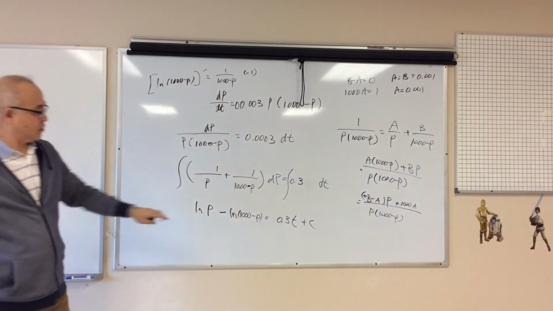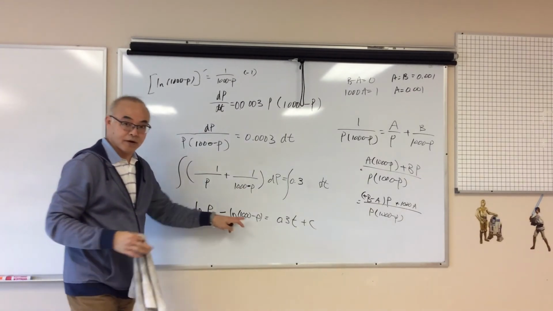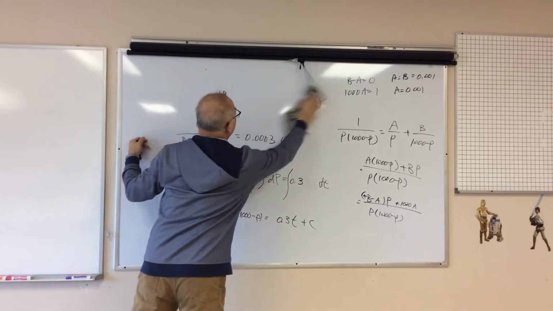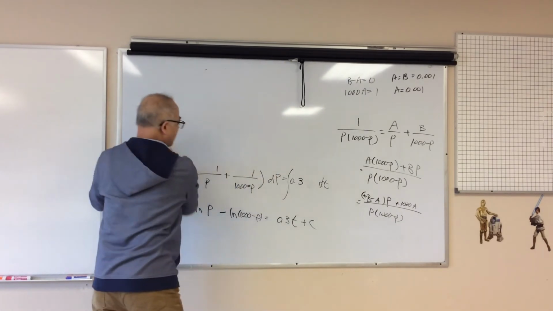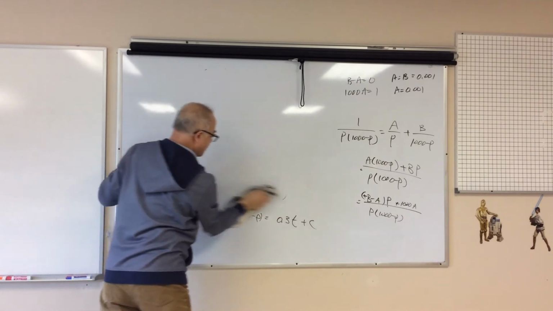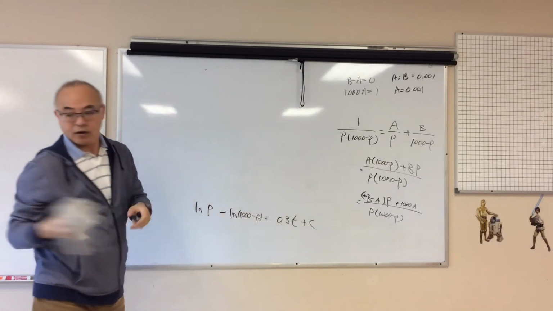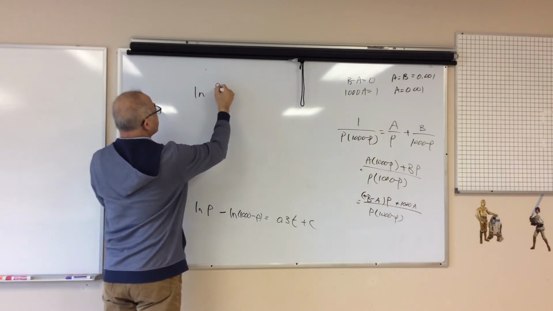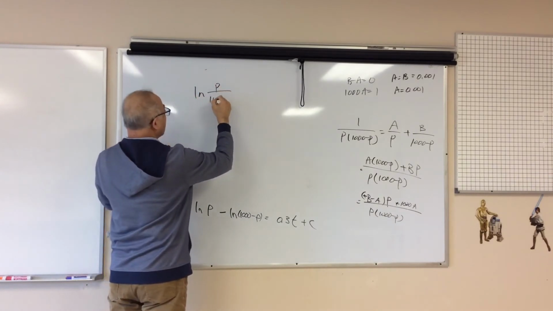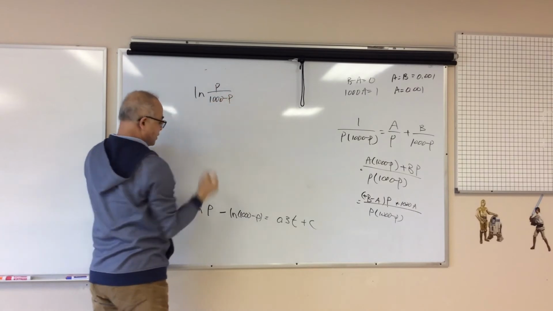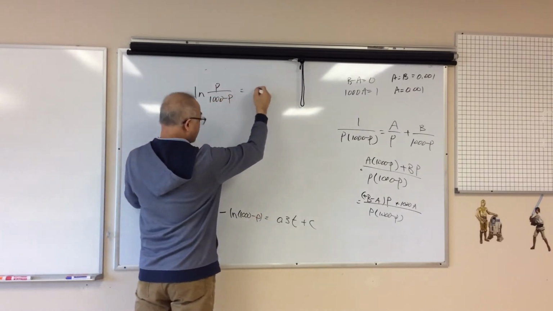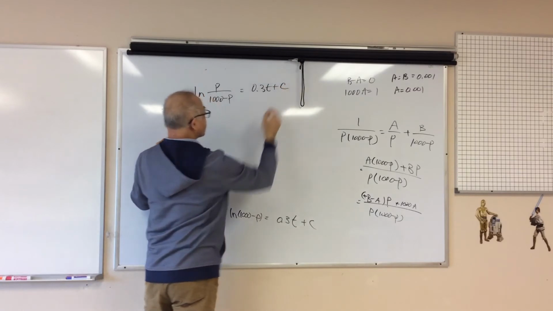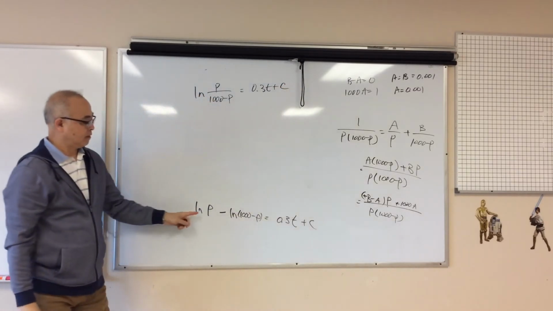So I'm here, right? We're good up to here? Okay. We'll start from here. So I'm going to get natural log of P over 1,000 minus P is equal to 0.03 T plus C. Right?